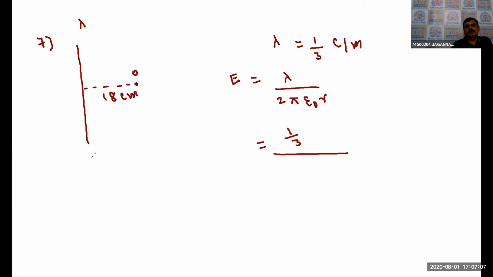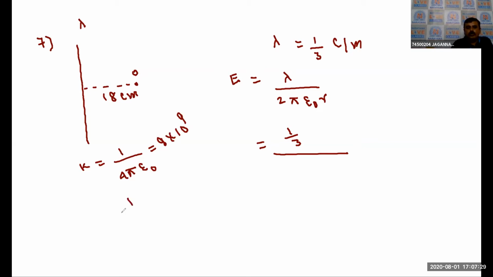You know the K value very well: 1 by 4 pi epsilon naught. How much is this value? 9 into 10 power of 9. I will write the units later. So 1 by 4 pi epsilon naught equals 9 into 10 power of 9.